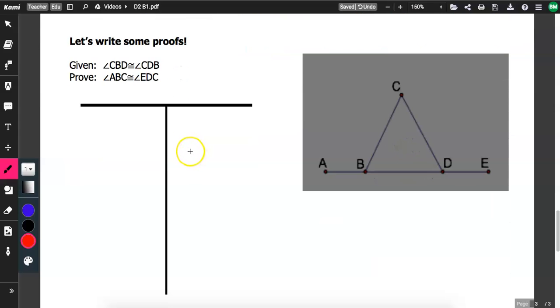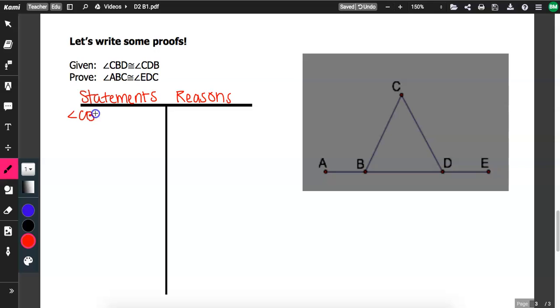So we're going to work through this one together, the next two together. So we have our T-chart already drawn for us. The left side, we're going to label it statements. The right side will be our reasons. Every single time you write a proof, no matter what, the very first step is to copy whatever is given.